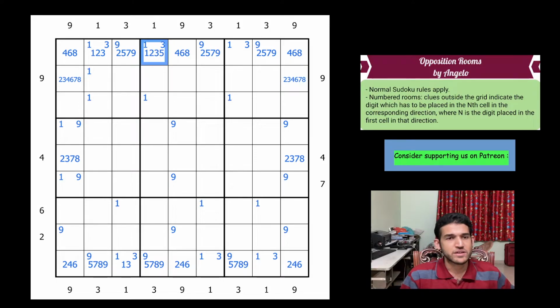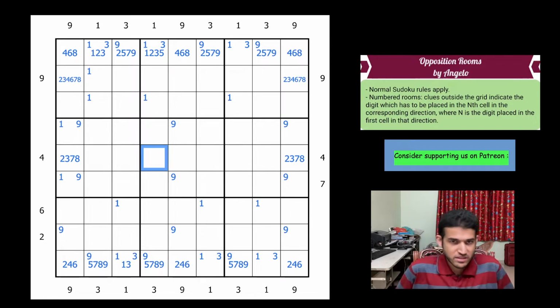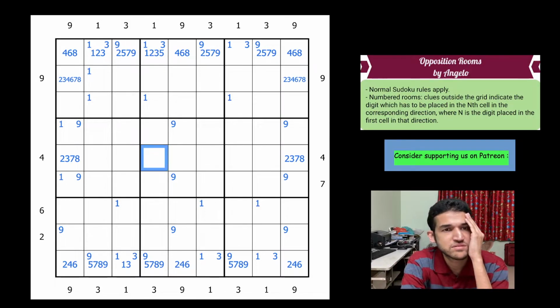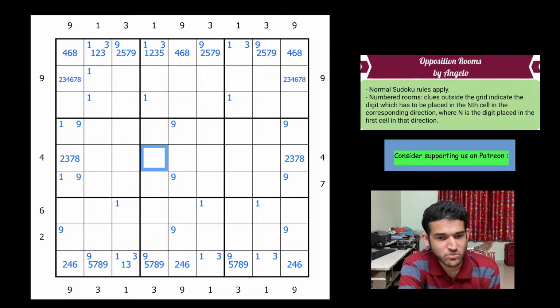So either here, here, or here. I realize I have not made much progress after the pencil marks. Not even sure what I'm supposed to see here.